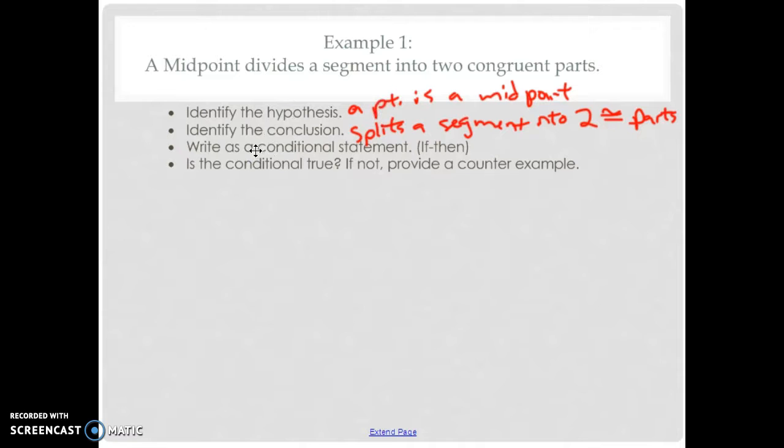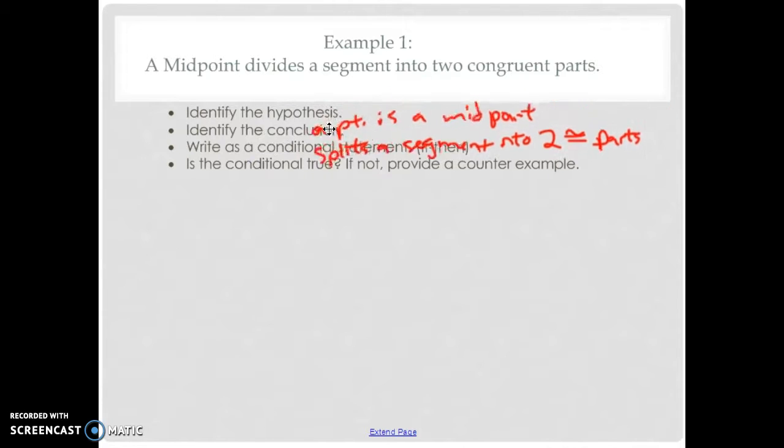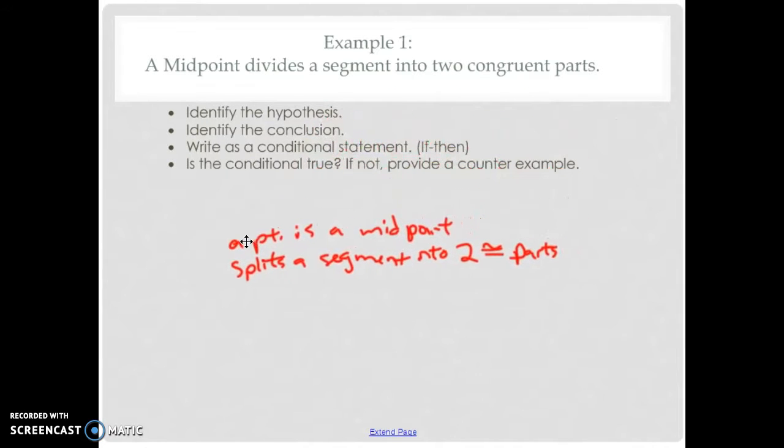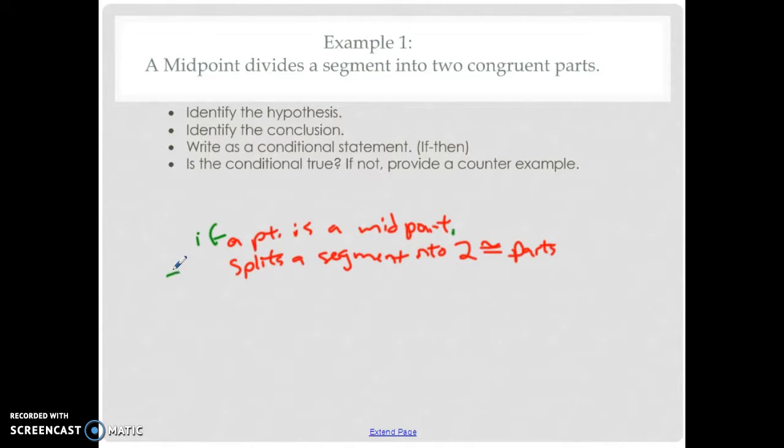So for my conditional statement, my if-then, I'm going to take this down here for a second, and I'm going to add two things. If a point is a midpoint, comma, then, just so it sounds grammatically correct, then it splits a segment into two congruent parts.